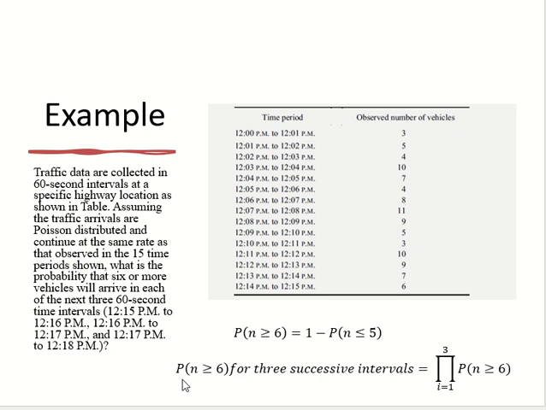Each value is for 1 minute, but they did it for how many minutes? 15 minutes, right? Assuming the traffic arrivals follow Poisson distribution, and it will continue at the same rate after these 15 minutes as well. What is the probability that 6 or more vehicles will arrive in each of the next 3 60-second intervals?